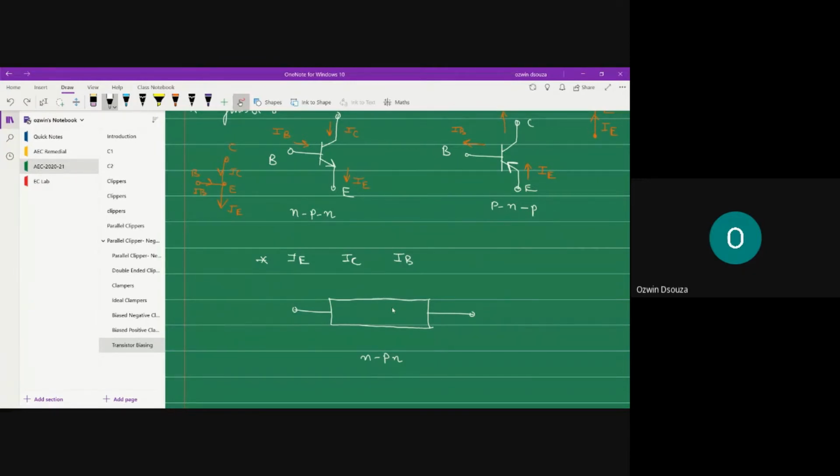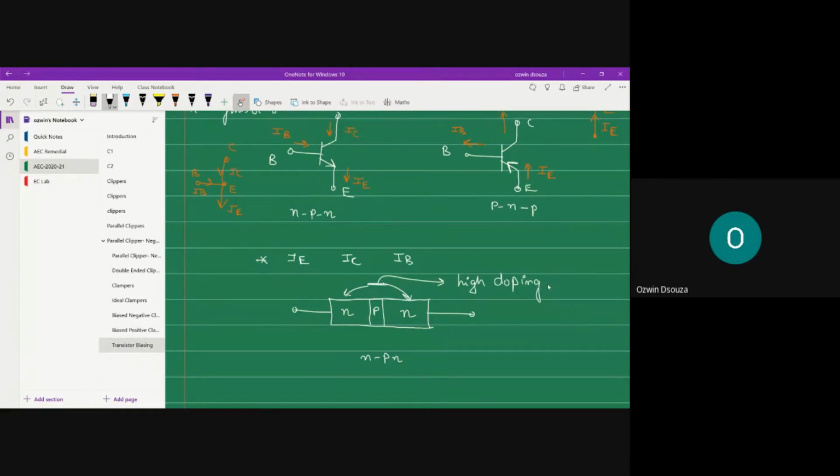In the device structure, the larger portion of the junction is taken by the two N layers, and the smaller portion is taken by the P layer. The device structure is such that the outer two N layers have high doping.